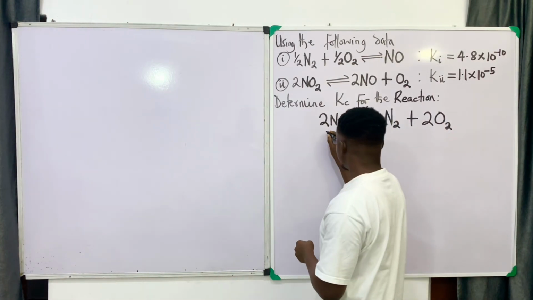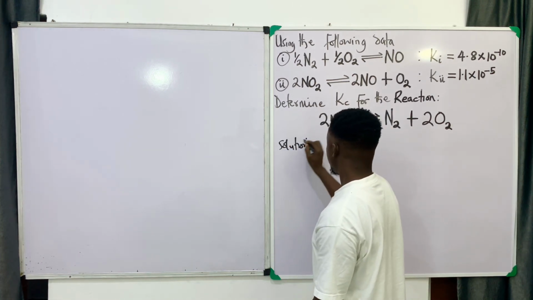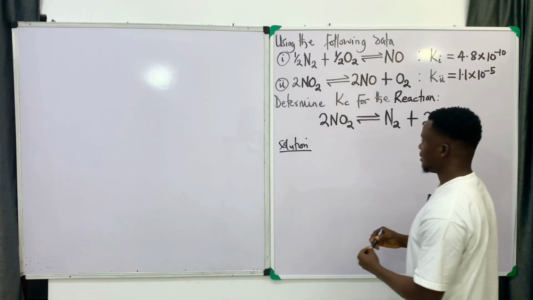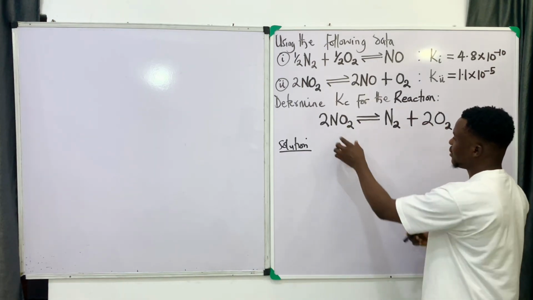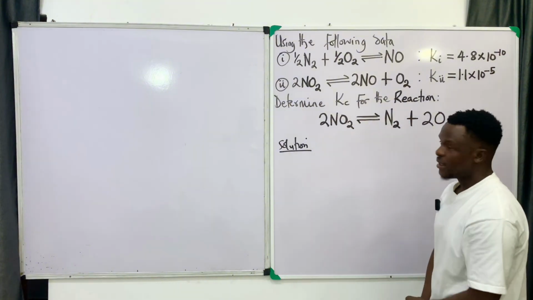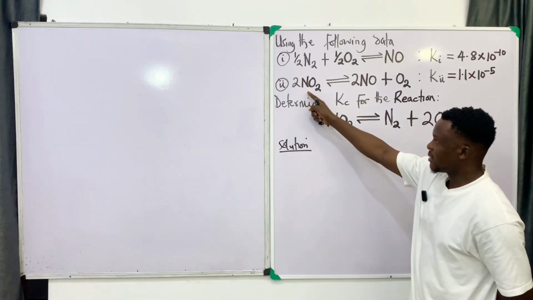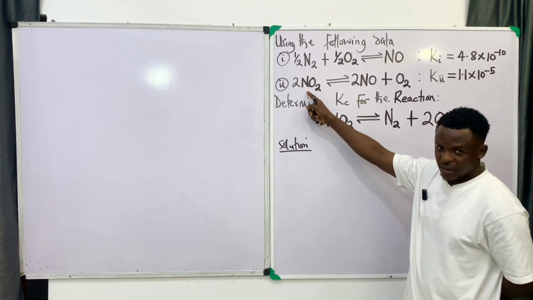Let's start with the solution. If you look at this one, in the overall equation, we have NO2 on the reactant side. Now look through these two equations here. Which of them contains NO2? The second equation, right?